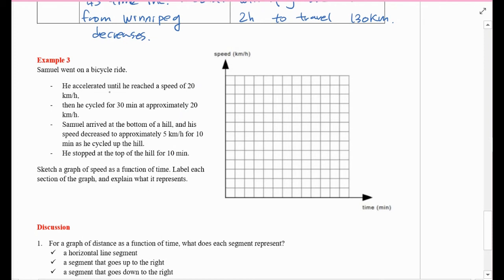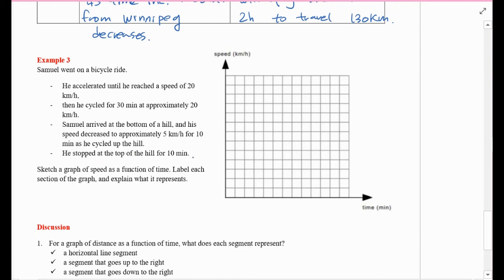He accelerated until he reached a speed of 20 km per hour. Then he cycled for 30 minutes at approximately 20 km per hour. Samuel arrived at the bottom of the hill and his speed decreased to approximately 5 km per hour for 10 minutes as he cycled up the hill. He stopped at the top of the hill for 10 minutes.